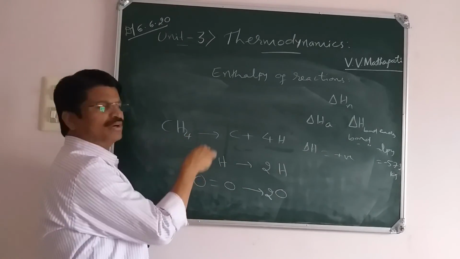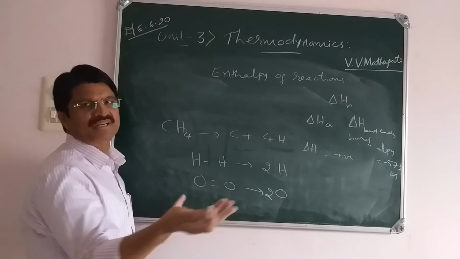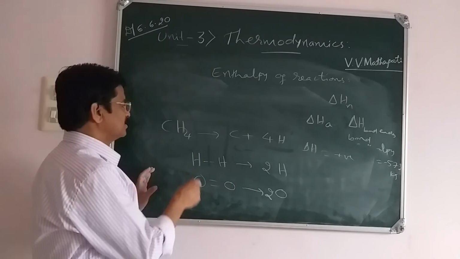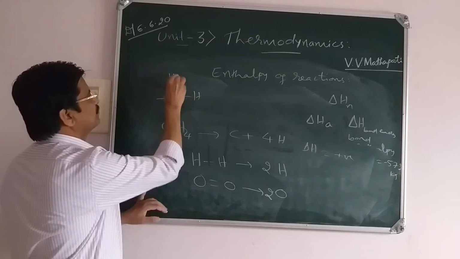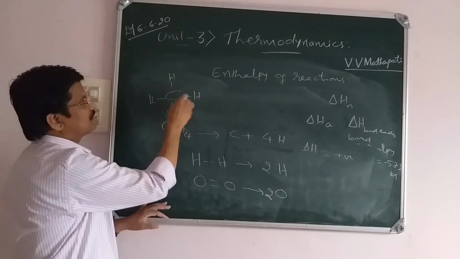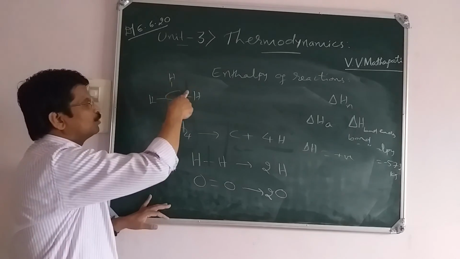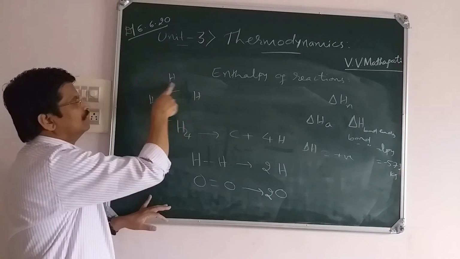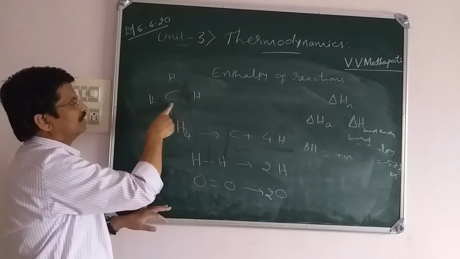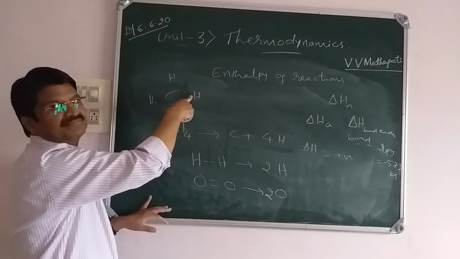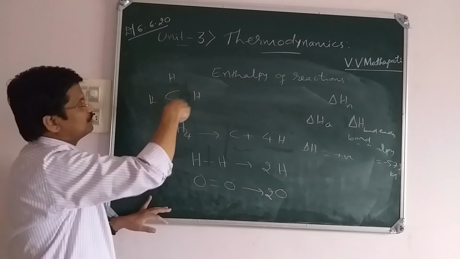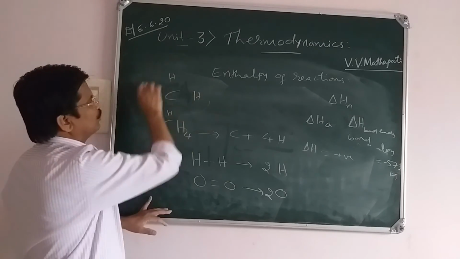Whatever energy is required to break the bonds is said to be bond energy. In CH4, the 4 bonds are identical, but the energy required to break each bond is different. Therefore, add all the bond dissociation enthalpy values, then we get the total value.